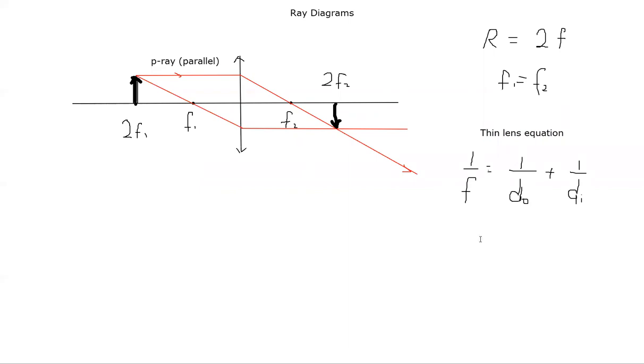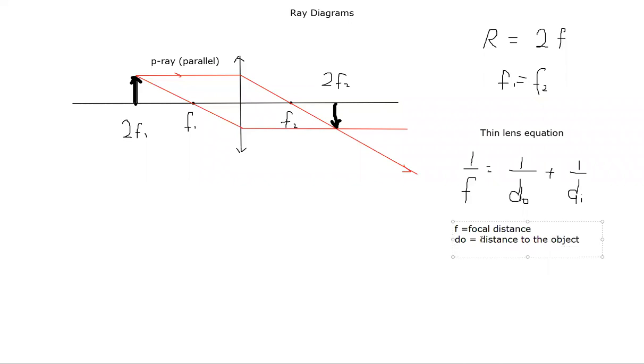So F is the focal distance. That's the distance measured from the center of the lens towards the focal point. Direction is important, by the way. So for the convex lens, it's a positive number. DO stands for distance to the object.